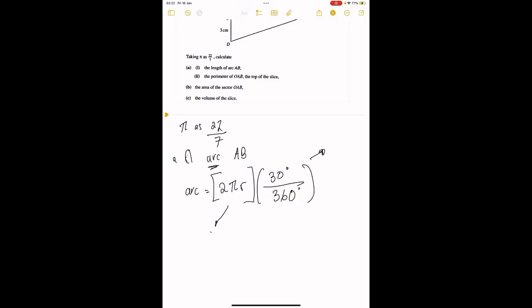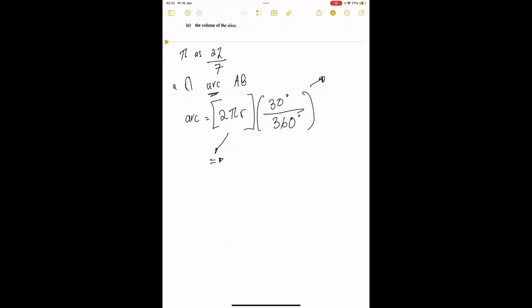This gives us the fraction. 2 pi r is equal to pi multiplied by d, because the diameter is simply 2 radiuses running from length to length, because the diameter is radius 1 plus radius 2, so 2r, as you can see, so they are the same.